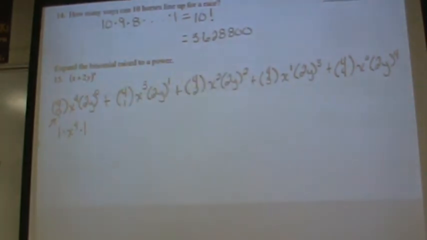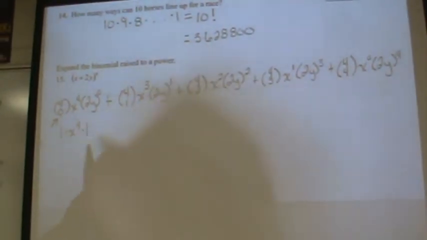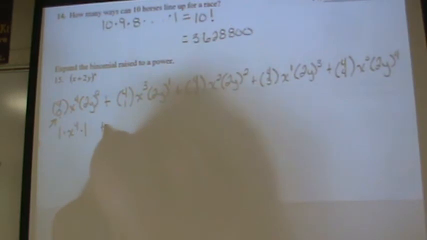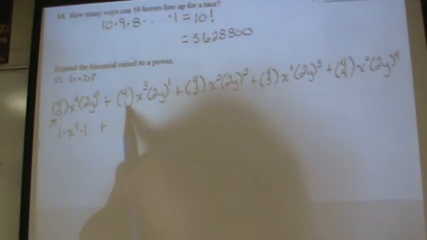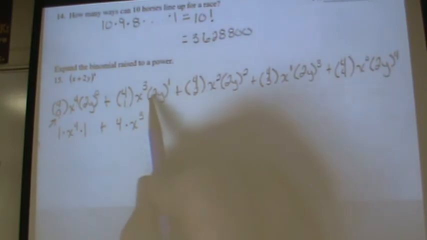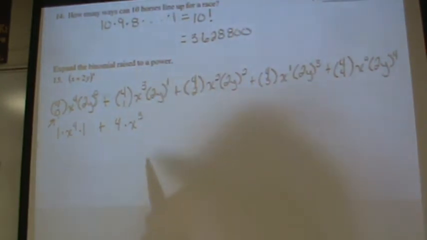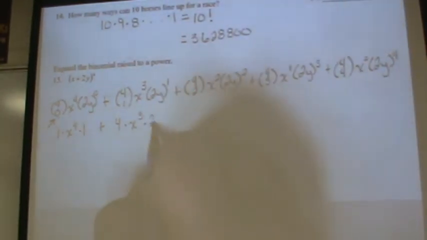So I'm going to write it out so that we can see it better. And then we're going to add our next one. Our coefficient is a 4. So we have 4 times the x to the 3rd. And then we have 2y to the 1st, which is just 2y.